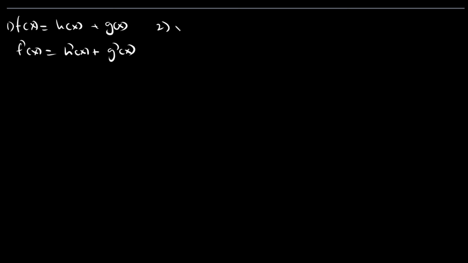Then what we're going to see is the derivative of my function f of x equals x to the power of n, which is n times x to the power of n minus 1.